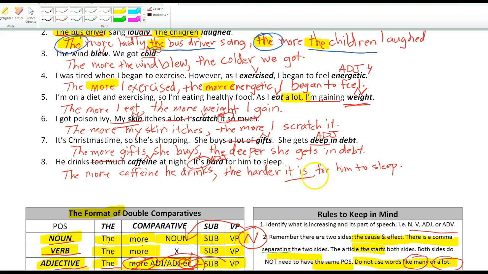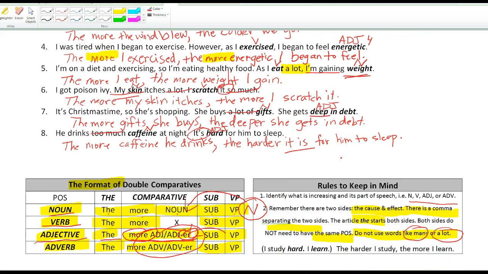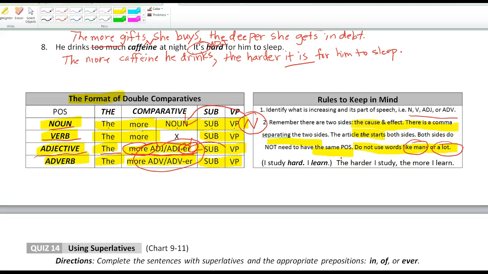It's got to be it is. But the reason why is because what comes after it, right here, we moved in front of it. And if it's after, then we can have the contraction it's. But if it's not there, then we have to separate them. And I'll just leave it at that. Okay, and I'm going to stop right here for this recording. Thank you.